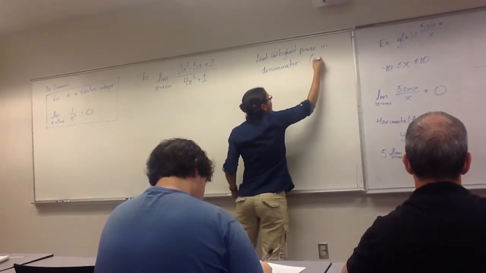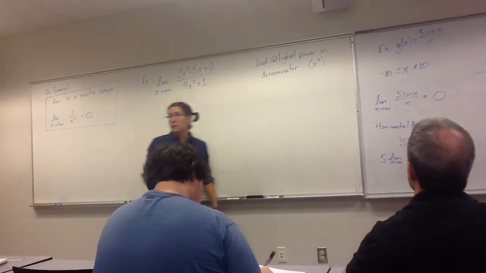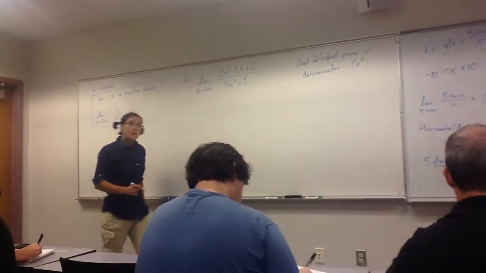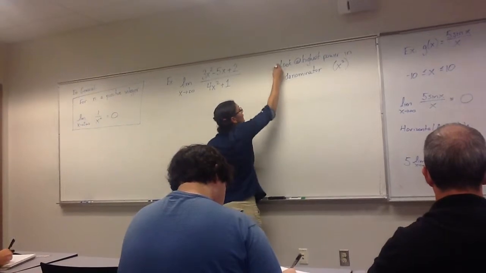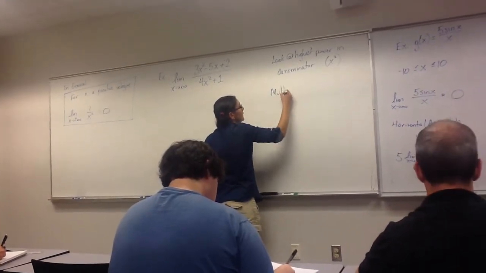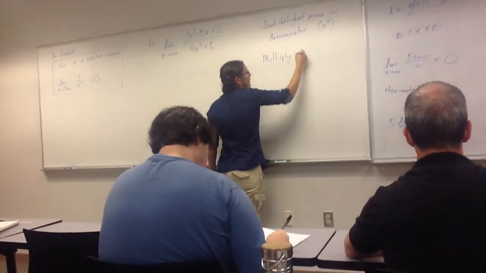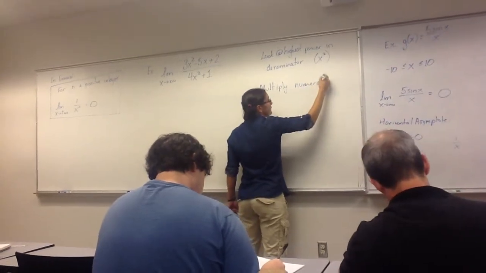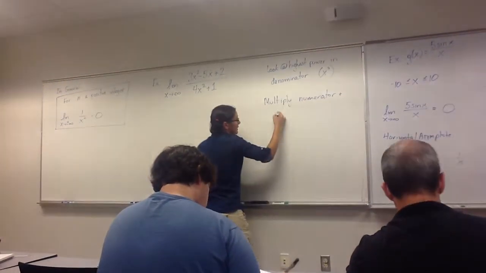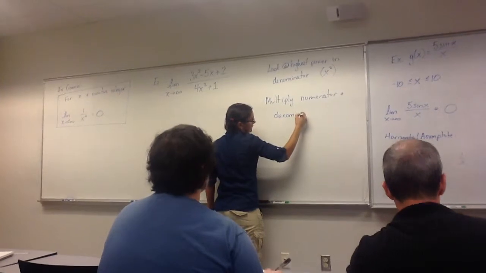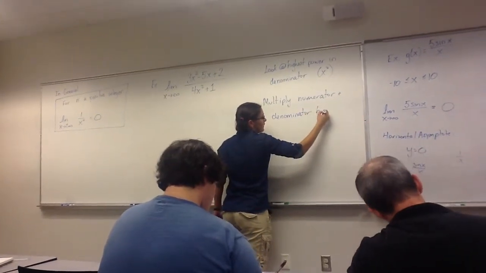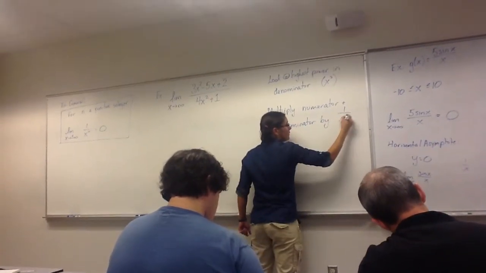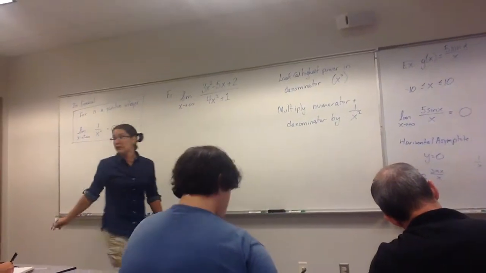In this case, that highest power is the x squared term. And we're going to multiply the numerator and the denominator by 1 over that highest power, so 1 over x squared.